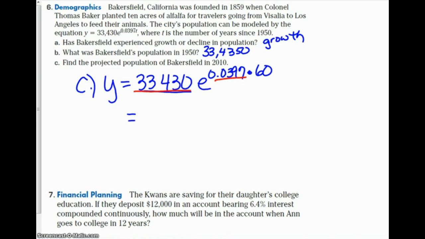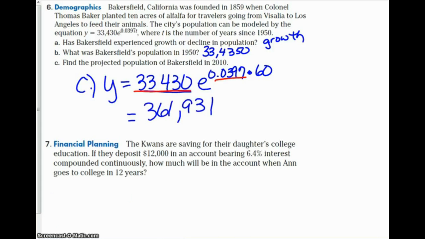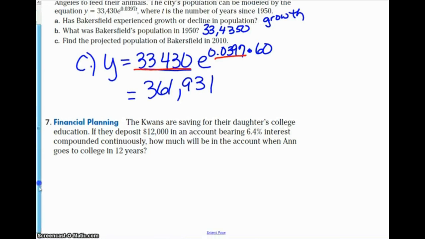Then we just had to calculate it out. We took 33,430 and multiplied it times e to the 0.0397 times 60. That turned out to be 361,931.